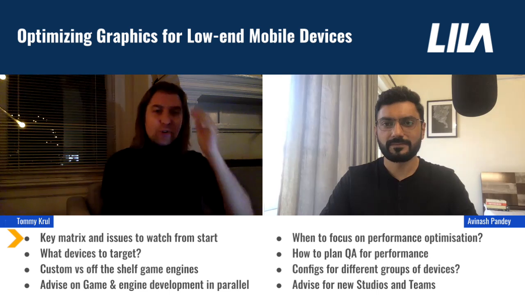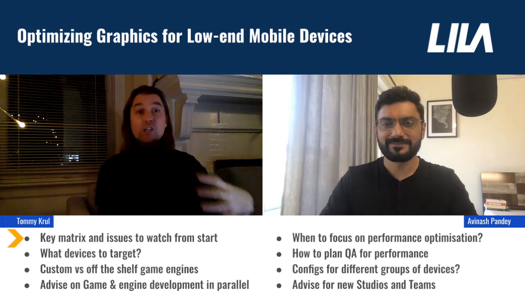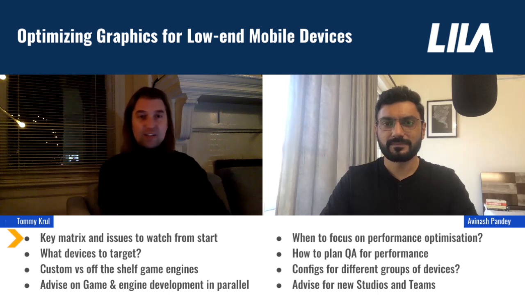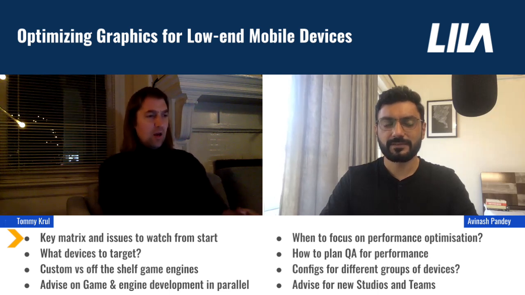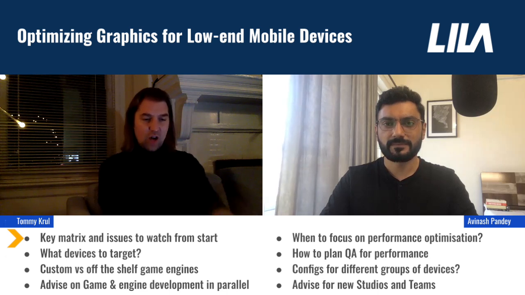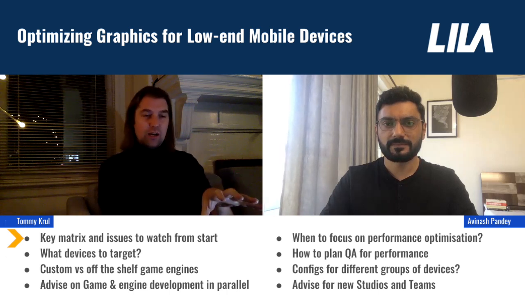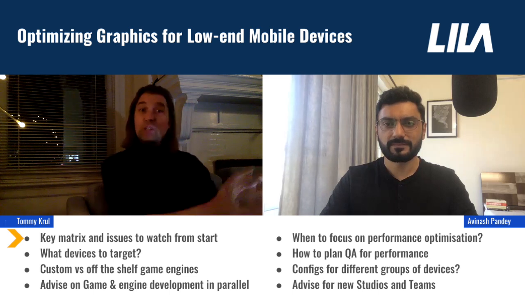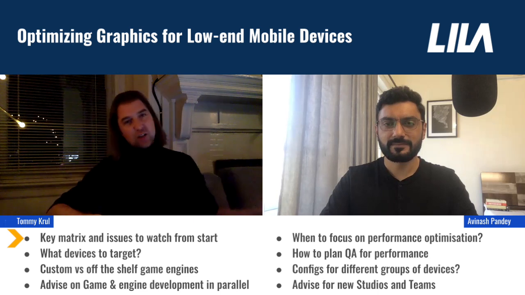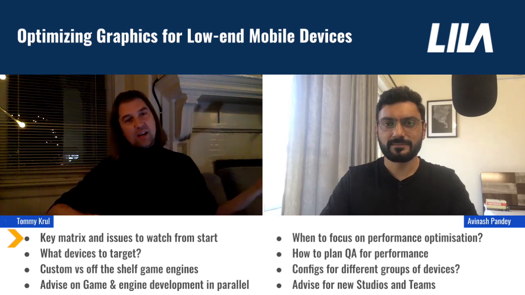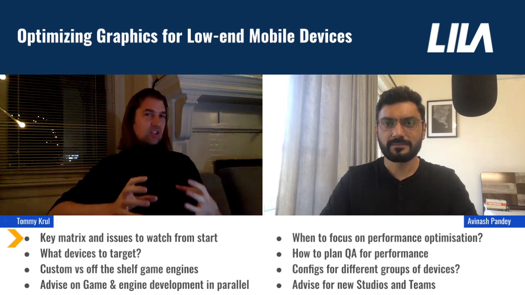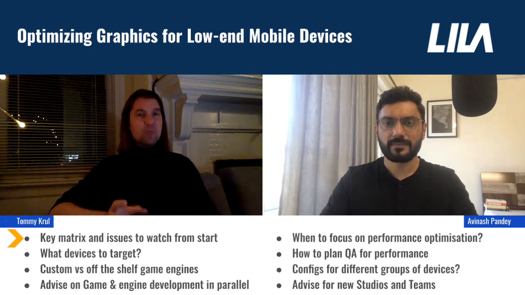And there are Androids out there that have much higher fidelity displays than maybe your current top of the line iPhone. But at the same time, that is not always tied to hardware that is equally powerful. So you have a very high end display, but a very low end CPU and GPU. And that combination of elements is actually extremely complicated to optimize for.